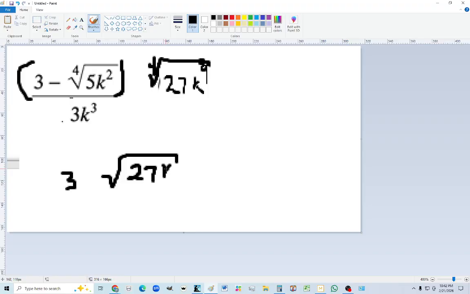And beware, we can come up with the power 4, and then it becomes minus. And these can multiply each other. 5 times 27 is 135. k squared times k to the 9. We add them, k to the 11.